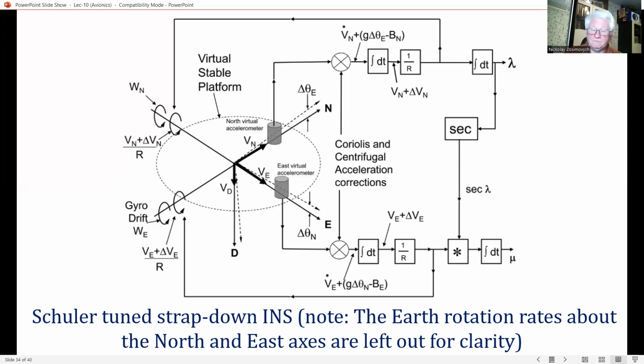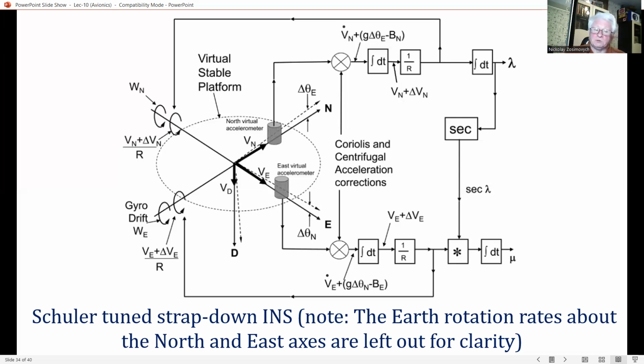And the virtual accelerometer outputs are corrected before integrating with respect to time to obtain the aircraft north and east velocity components. The virtual platform is very accurately aligned with the local NED axes during the initial alignment and gyrocompassing phase.